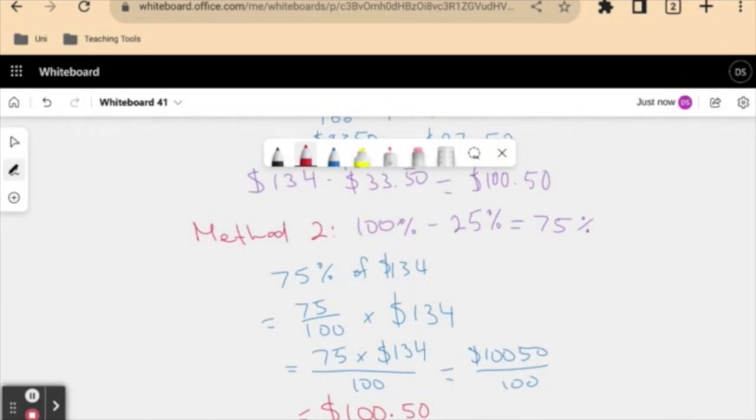Now, sorry for the longer video. If anyone's still with me, thank you for joining me. And I know I spent a little bit of time on this idea of increasing and decreasing by a given percentage, but this is a vital tool when we look at things like commission and discounts in maybe not the next video, but the following two.